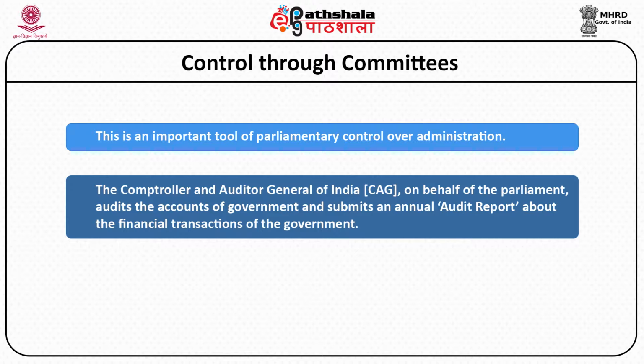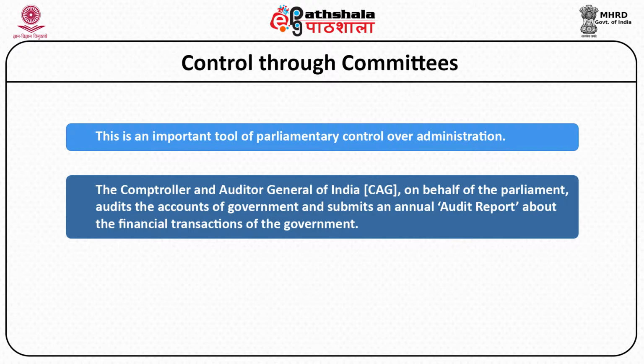The report of the CAG highlights the improper, illegal, unwise, uneconomical and irregular expenditure of the government. The CAG is an agent of the Parliament and hence he is responsible only to the Parliament. Thus, the financial accountability of the government to the Parliament is secured through the audit report of the CAG.